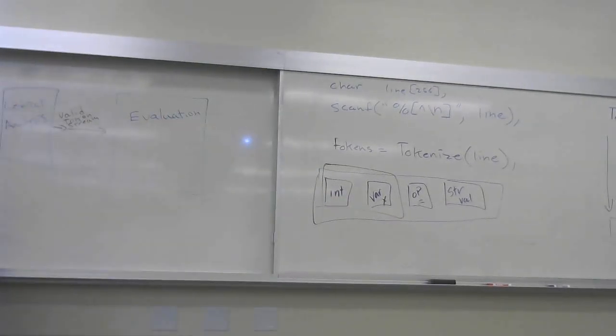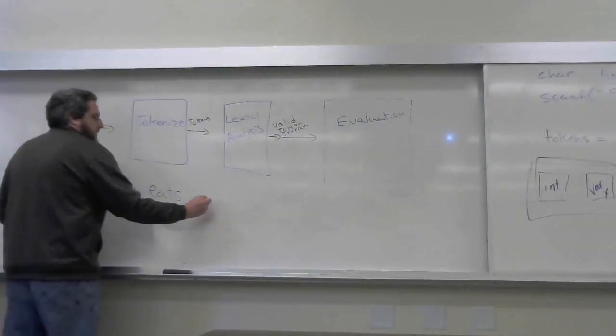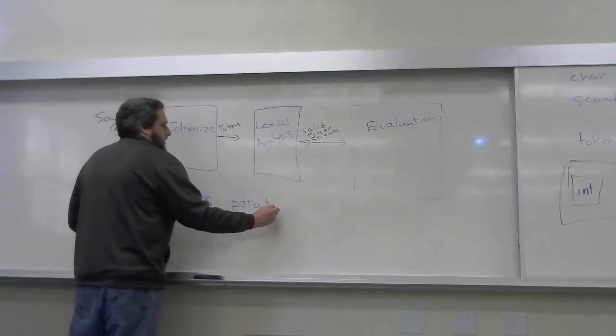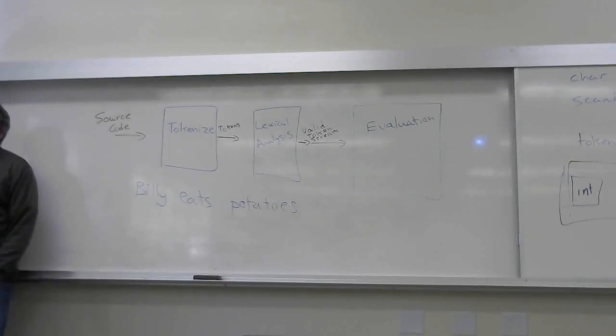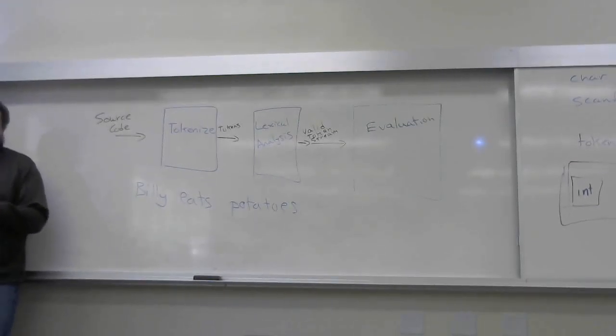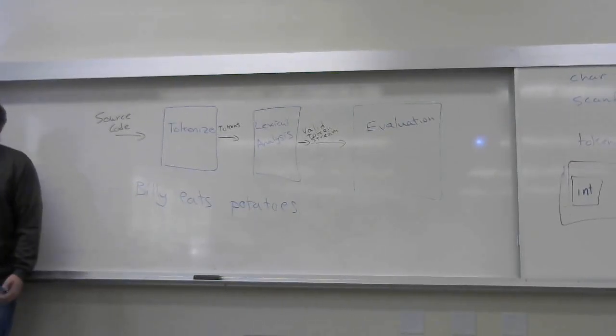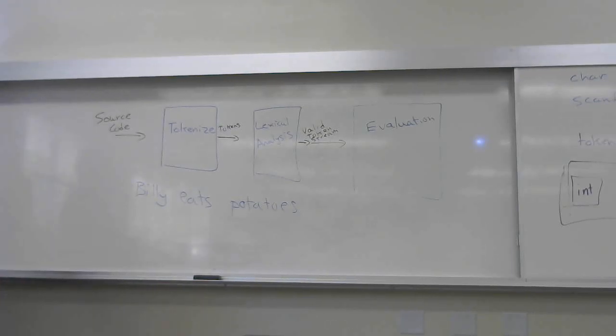For example, if I give you an English sentence, Billy eats potatoes, how do you know that's grammatically correct? What steps do you as a human take? Experience, right? Do computers have experience? You can argue that case, but at the lowest level, do they have experience? I mean, no.